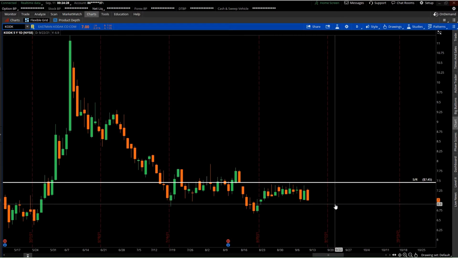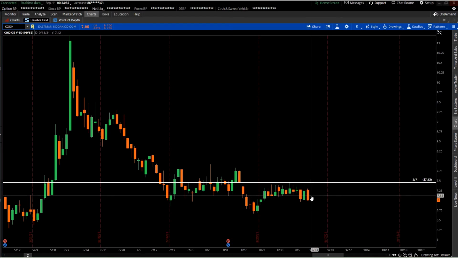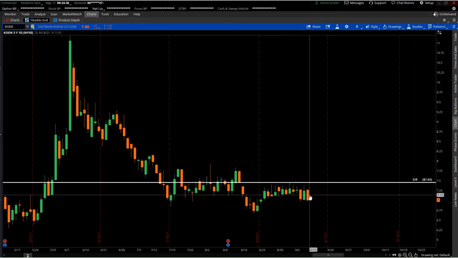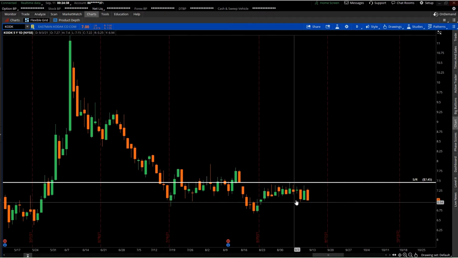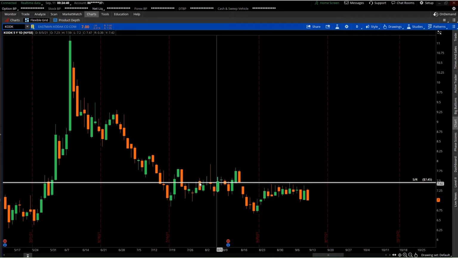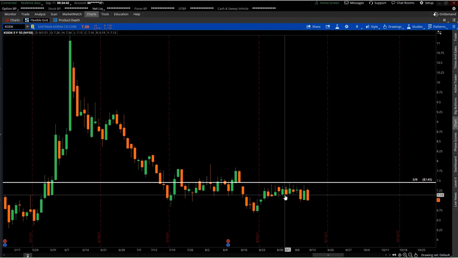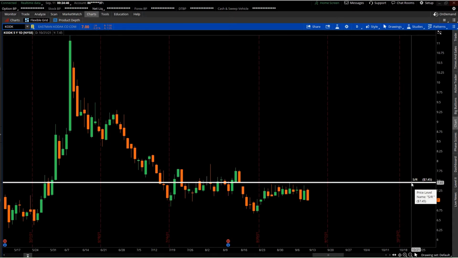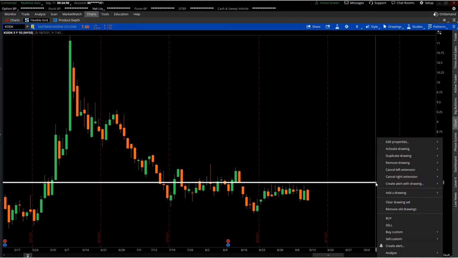Considering it looks like the S&P 500 is also ticking towards the downside, that may have some spillover effect to Kodak, even though this price has just been going sideways. But in any case, in addition to the 7.45 support resistance level, I did identify two others.